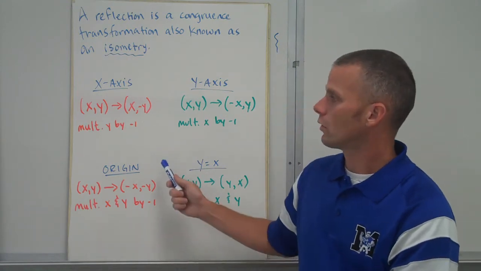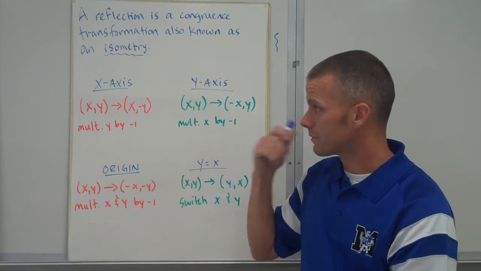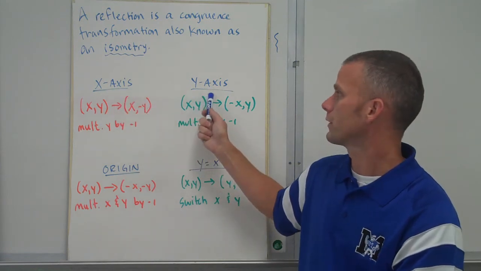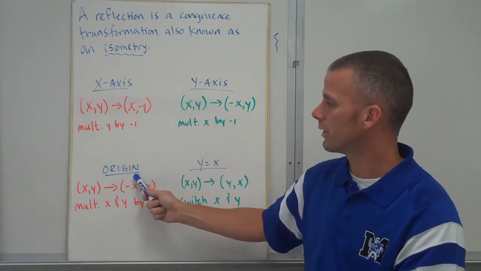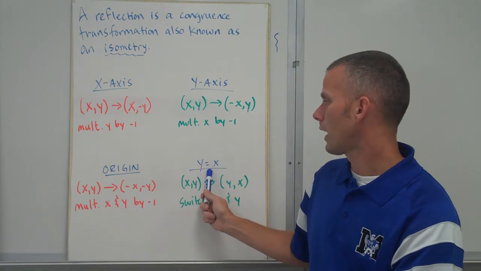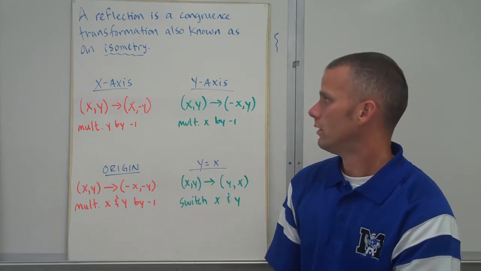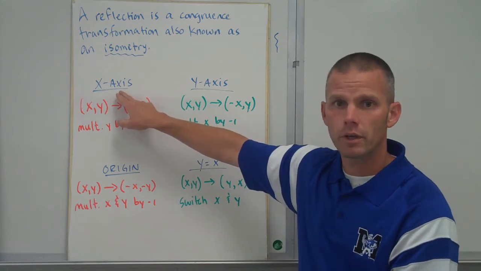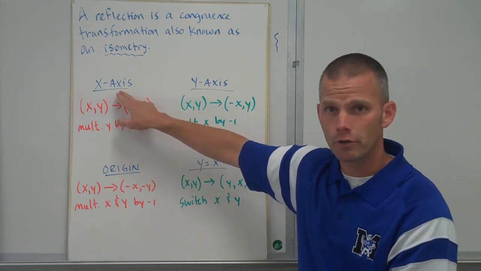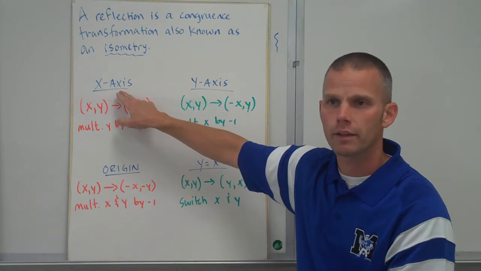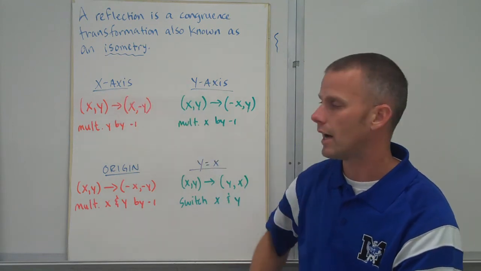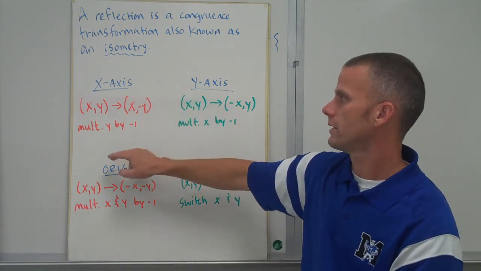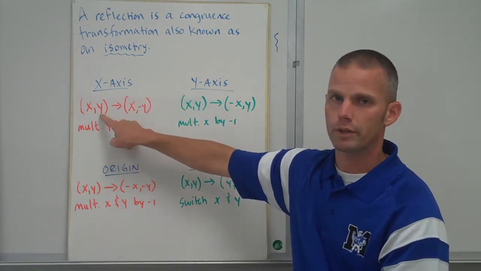Okay? So when it comes to reflecting or reflections, 4 things we're going to take a look at. Reflecting over the x-axis, reflecting over the y-axis, the origin, there's our point, and the line y equals x. So if we reflect something over the x-axis, whether it be a point, a segment, any type of figure, like a triangle, rectangle, pentagon, any type of polygon you have on your coordinate plane, every point pretty much remains the same with one exception.